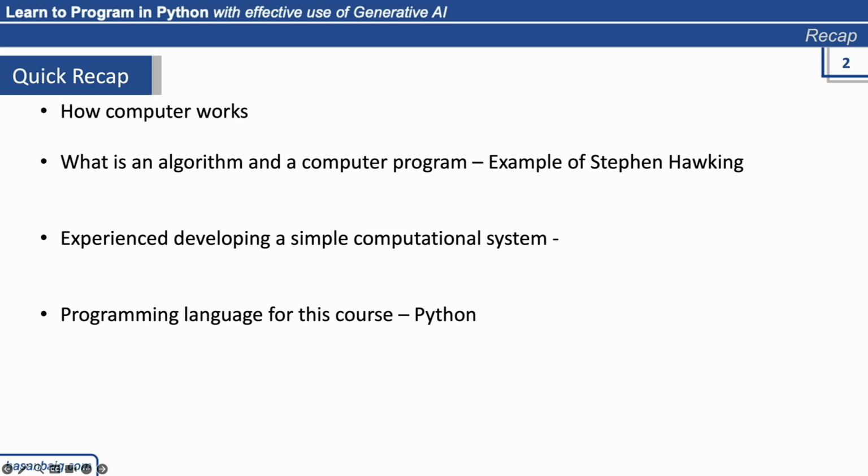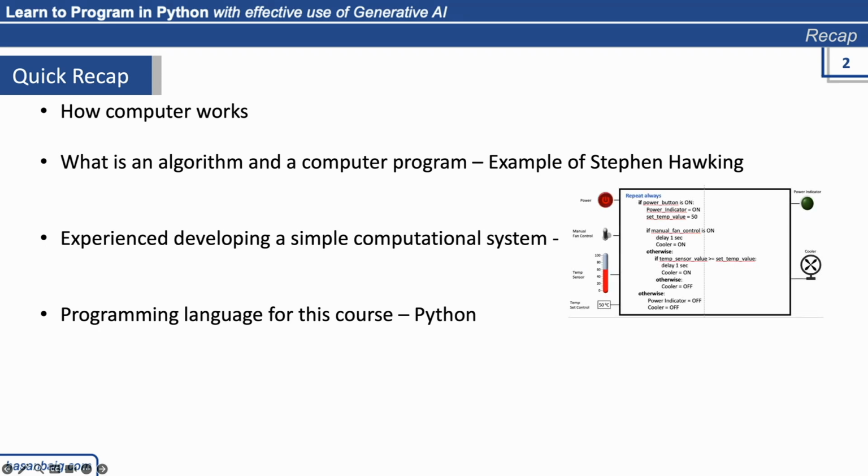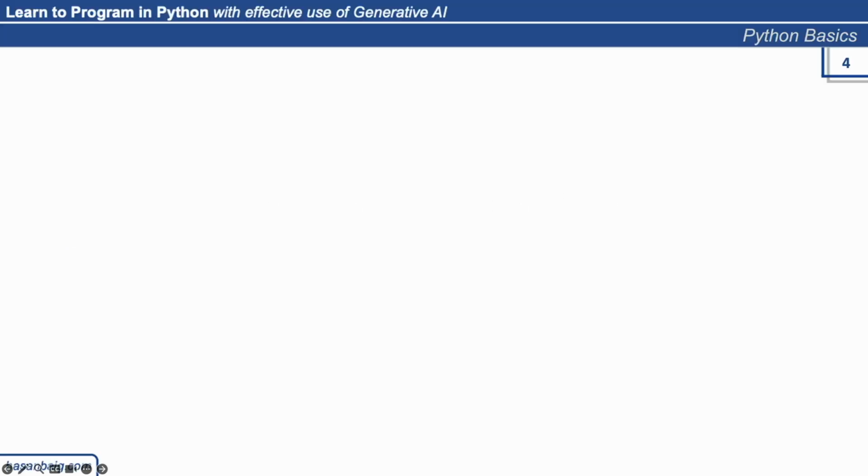And then we brainstormed around the activity to develop a digital system, a computational system, where we actually started thinking computationally, and it was a brain teaser activity. Then we finally discussed that we will be learning Python as a programming language in this course. So let's proceed ahead with Python basics.